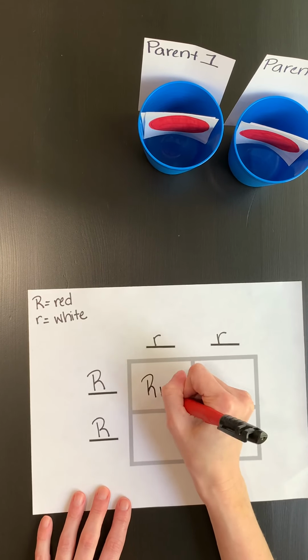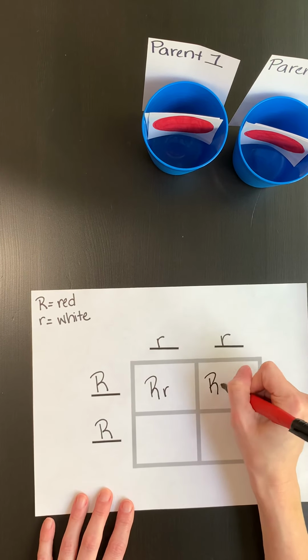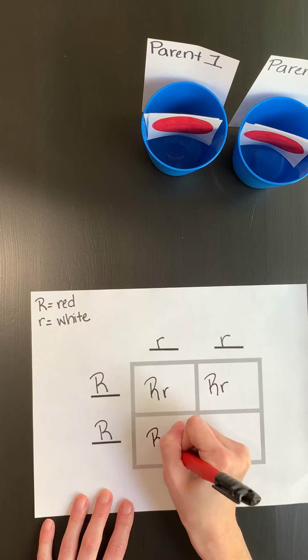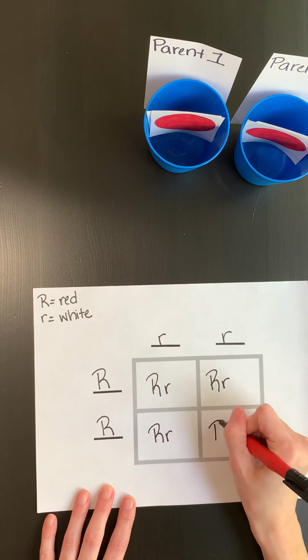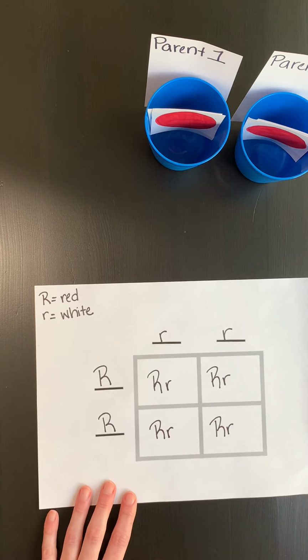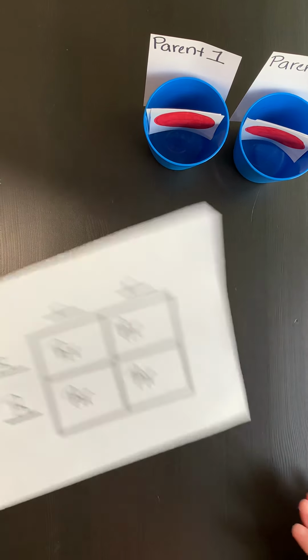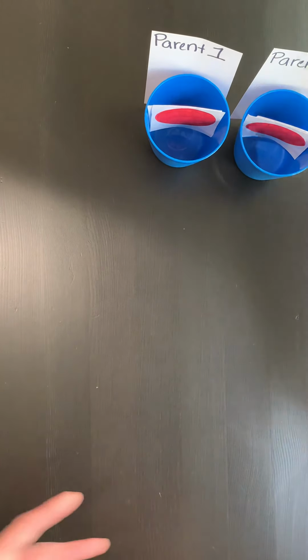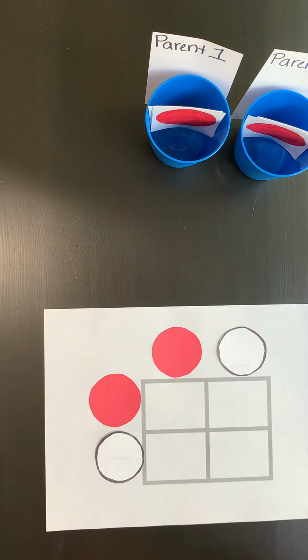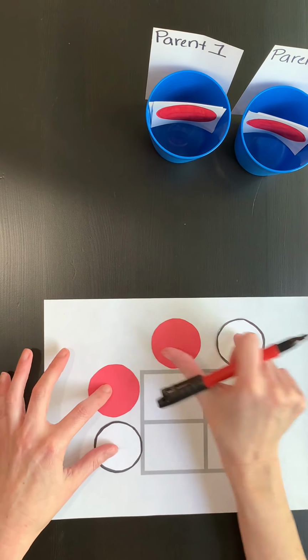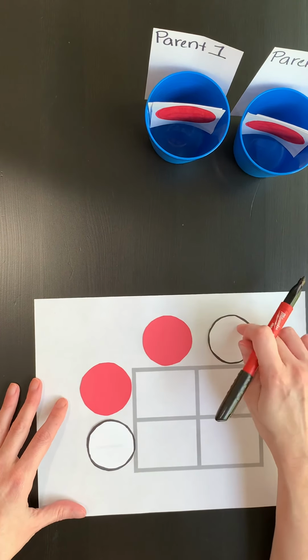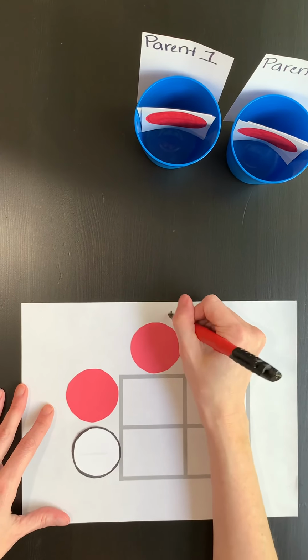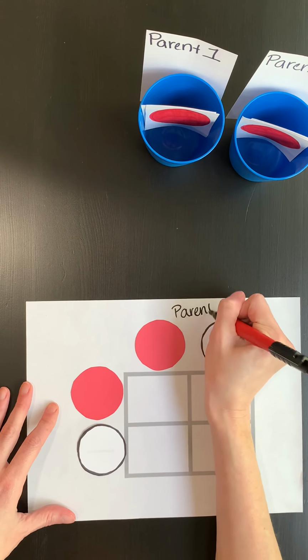Okay, so this is just another way of showing you with letters what I just showed you with the colored circles. Okay, let's try a different example where we have 2 copies that have a red dominant and a white recessive for the 2 parents.